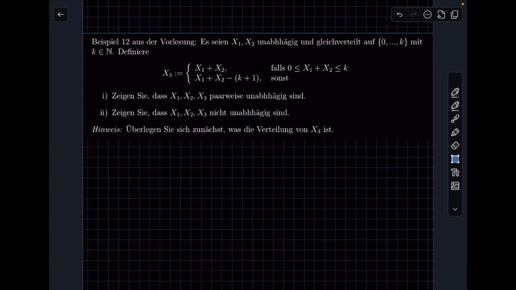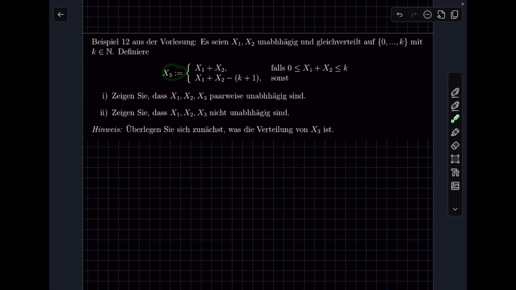Okay, so we're gonna have this exercise now, which works with independence, right? They're telling us that we have x1 and x2, which are independent and uniformly distributed from 0 to k, with k equal to a natural number.